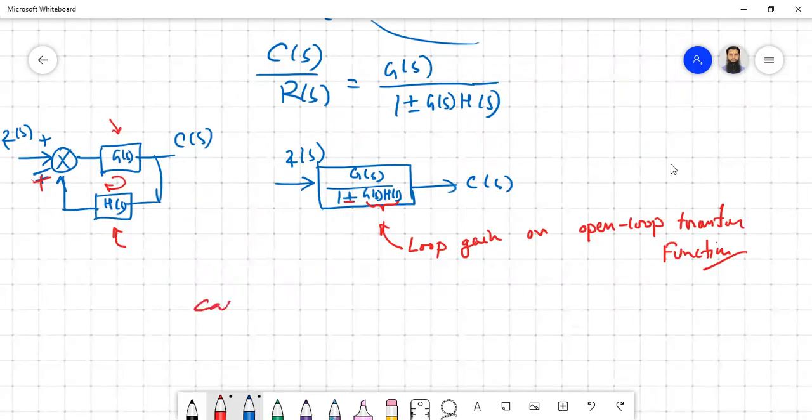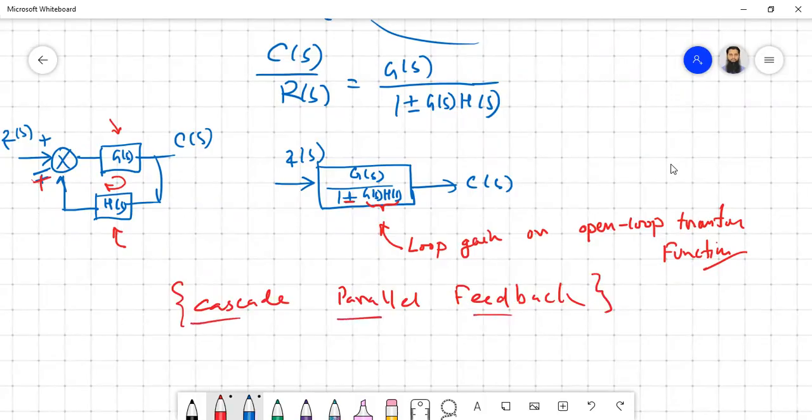One is cascade, one is parallel, one is feedback. So sometimes if you can directly identify in an interconnected system which one is available, then we can apply the corresponding formula, the corresponding equivalent model, to reduce the block diagram.